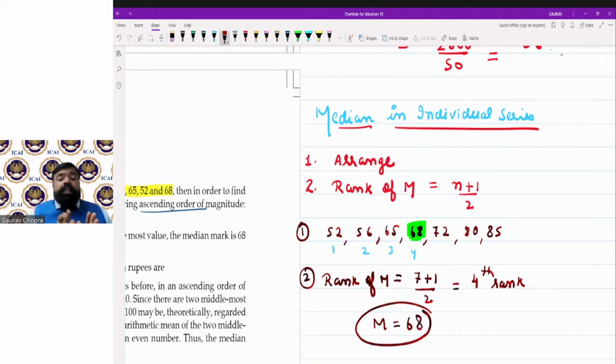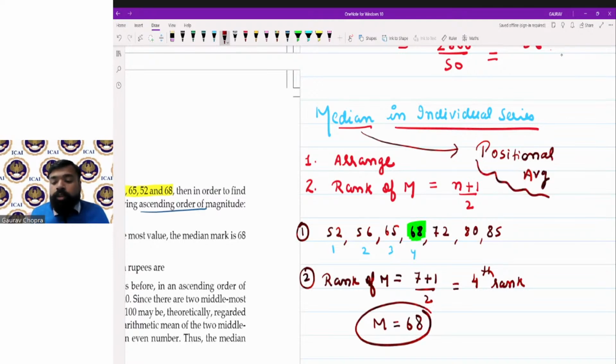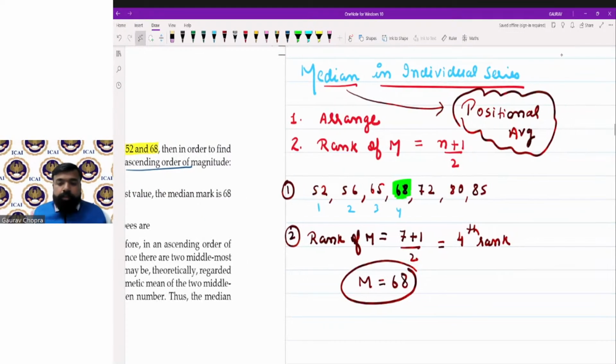This is our result. Median is known as a positional average because it is based on the position where the data is located. What is the position of the data? What is the rank of data? So median is basically a positional average.